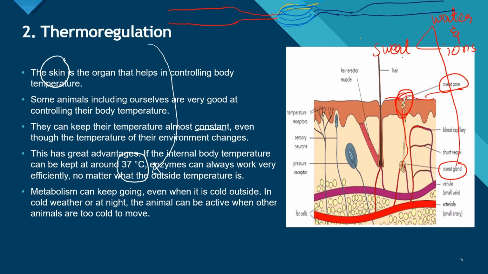So over here you can see that we have our artery bringing in the oxygenated blood right near the surface of the skin, and then the venules take the deoxygenated blood.